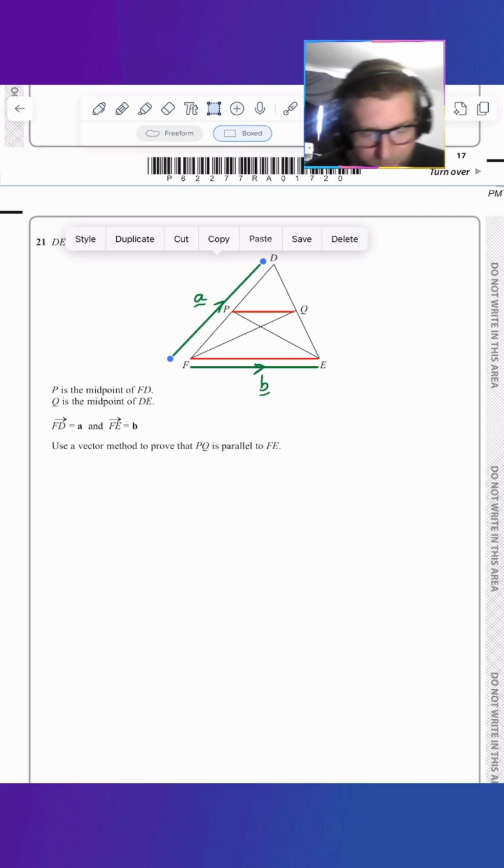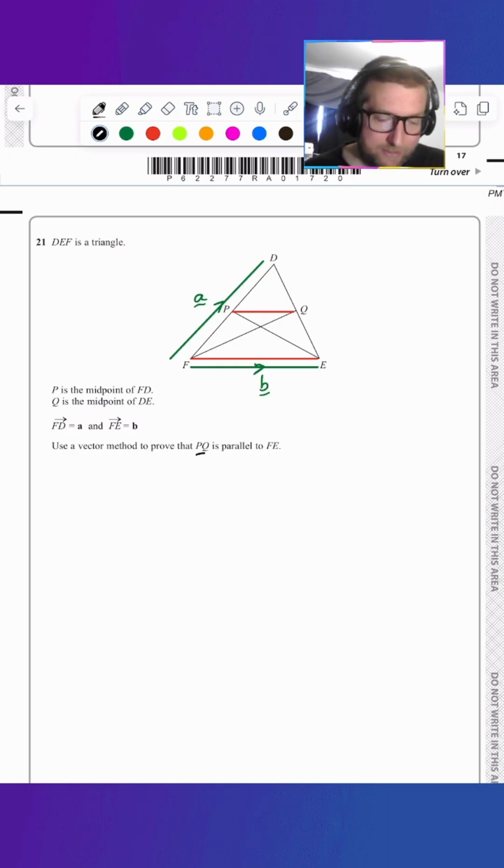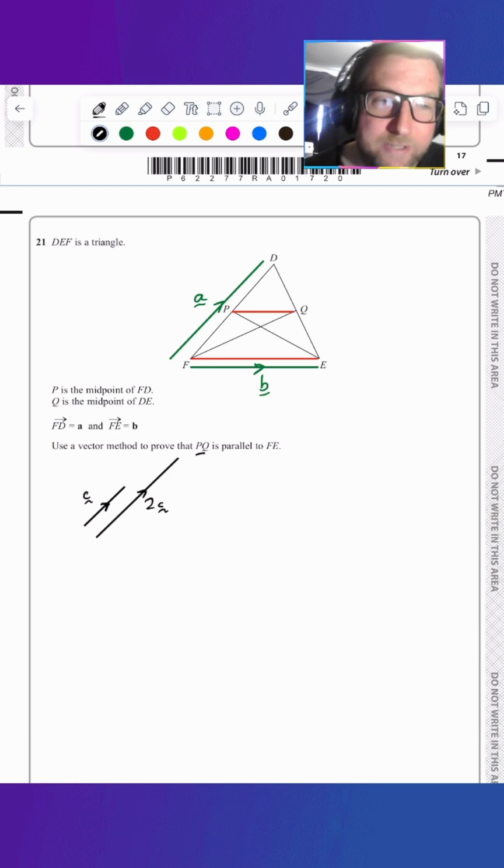Now, how do we prove that PQ is parallel to FE? Here's where we just dive in and try to do some things with vectors, and we're probably going to pick up a few marks even if we don't get the right answer. If a vector is parallel to another vector, it will be a multiple of that vector. So let's say this is vector C and this is 2C, they're parallel, and we can see that they're parallel because one is a multiple of the other.